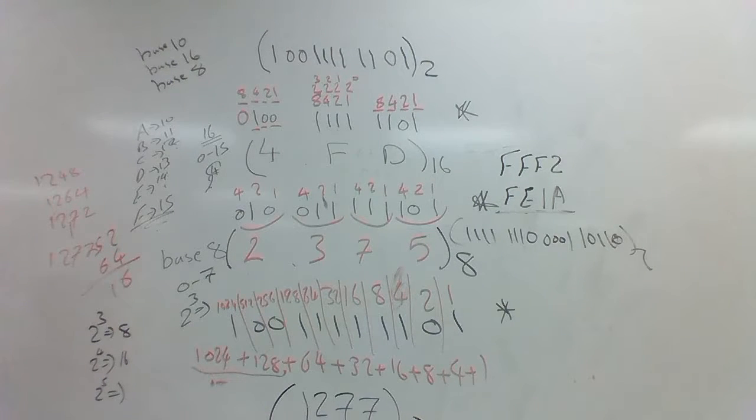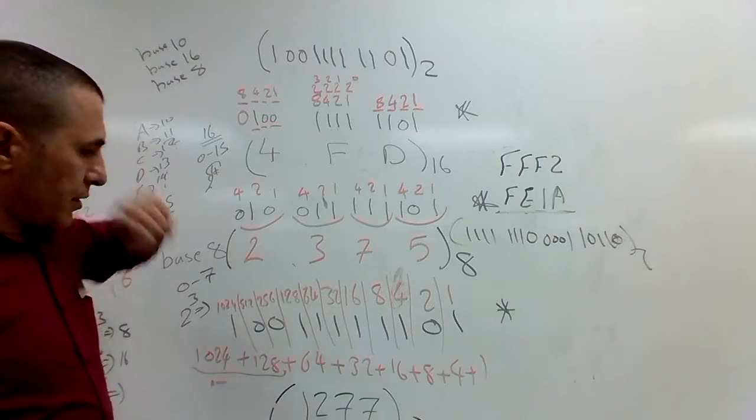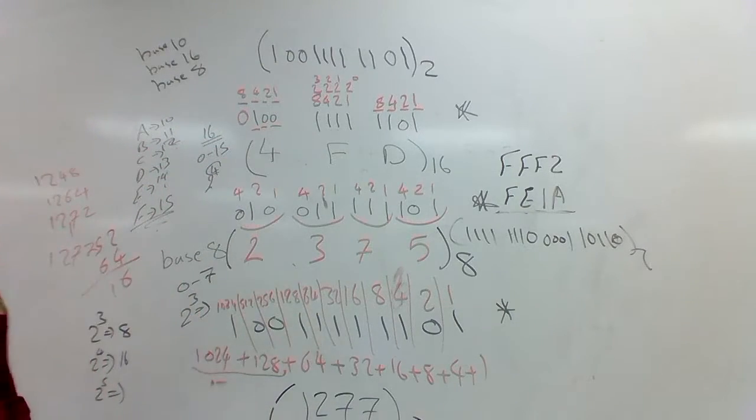So now we took how to represent decimal numbers, which are integers. This is representing decimal or positive integers. Sometimes they add a 0 for the sign because it's positive.